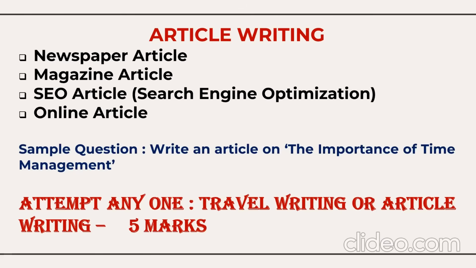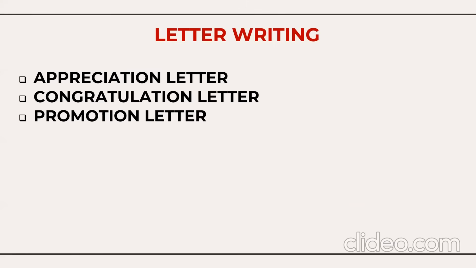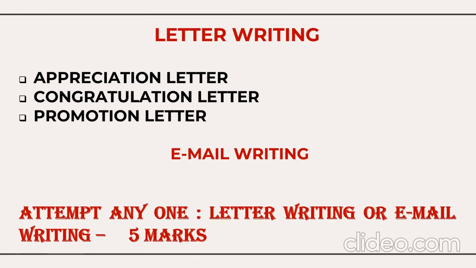Like earlier, you had the choice of Pecha Kucha or speech writing, in this section you have travel writing or article writing. That's for 5 marks. Now, the next section, you have letter writing or email writing.